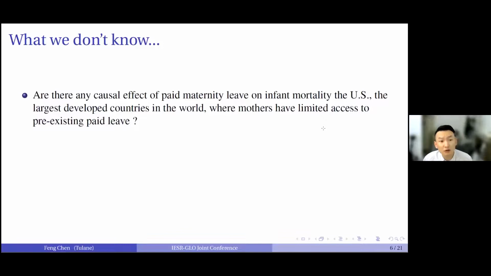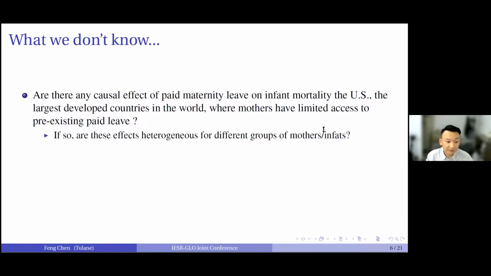So what don't we know about paid maternity leave and infant mortality? Are there any causal effects of paid maternity leave on infant mortality in the United States? This question may be interesting because the US is the largest developed country in the world where mothers have limited access to pre-existing paid leave. If so, are these effects heterogeneous for different groups of mothers or infants?